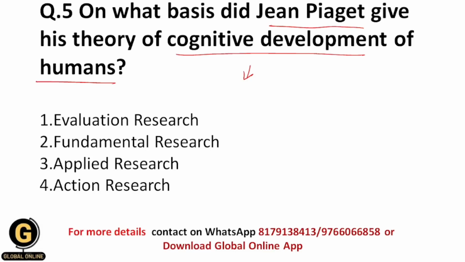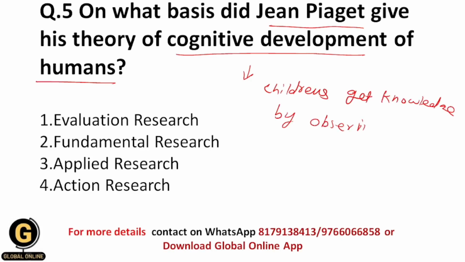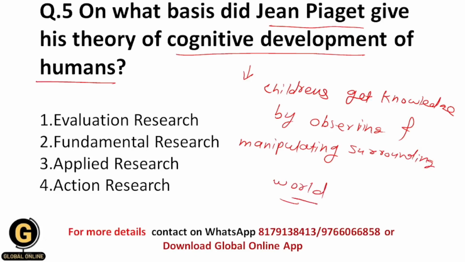Jean Piaget, in his cognitive development of humans, said that children get their knowledge by observing and manipulating the surrounding world or the nearby environment.